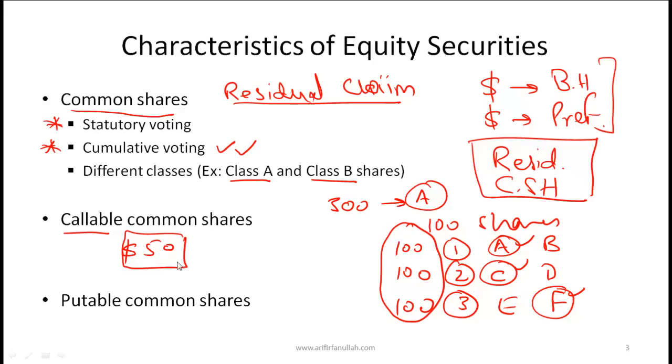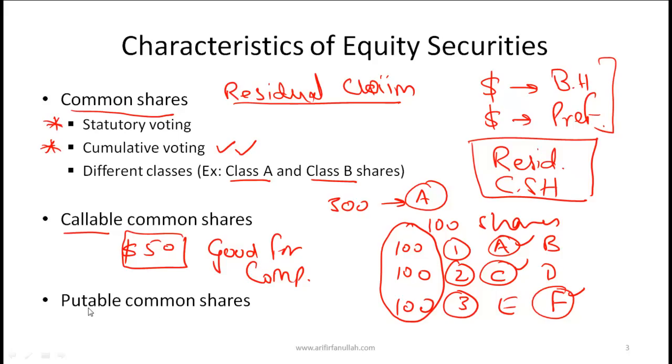And what this might allow a company to do is reduce the total amount of dividends that it pays without reducing the per share dividend. But essentially the point to understand is companies have the option to call back shares at a given price, hence it is good for the company and not so good for the investor.